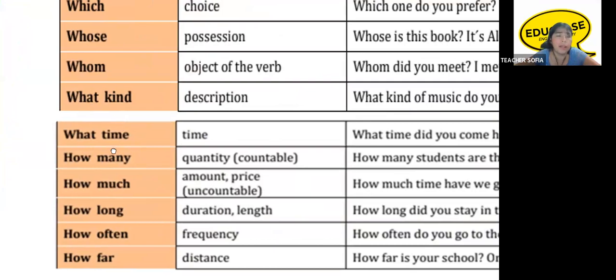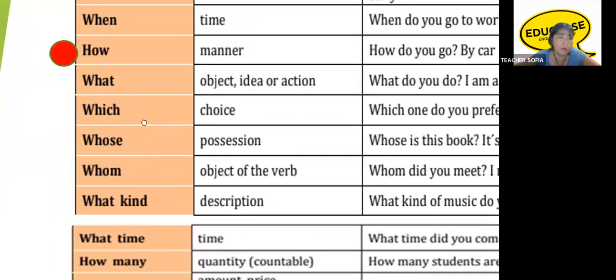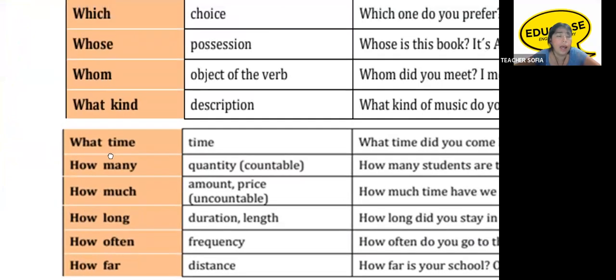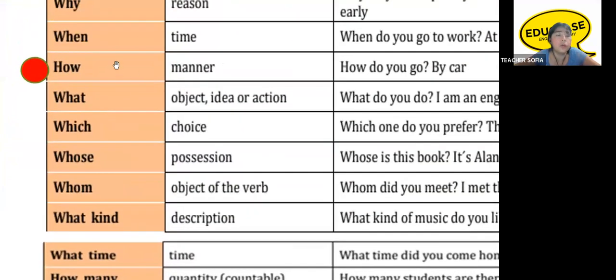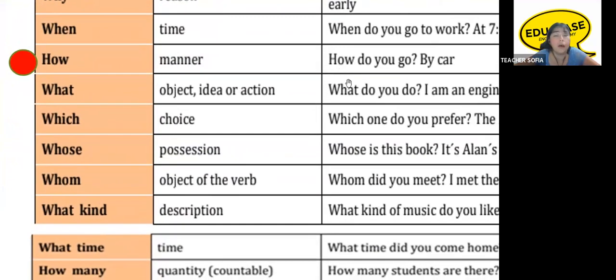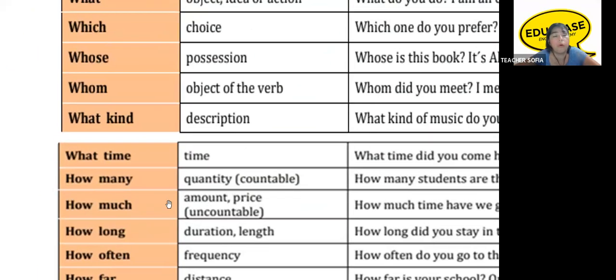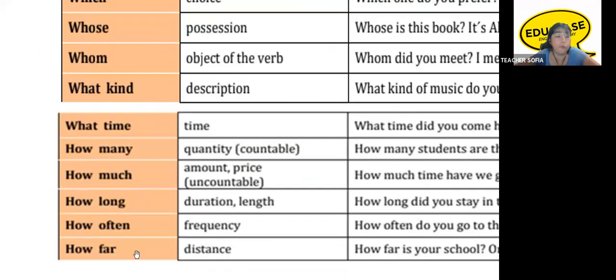Sometimes when we combine some of these words like what or how, remember that individually it is como, right? Como. How are things? How are you? How do you do? Como. But in this case, if we combine how with many, cuántos. With much, cuánto. How long? ¿Cuánto tiempo?